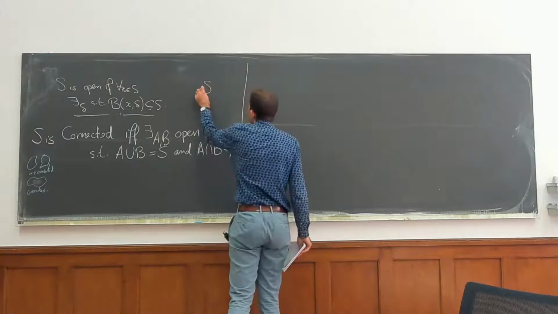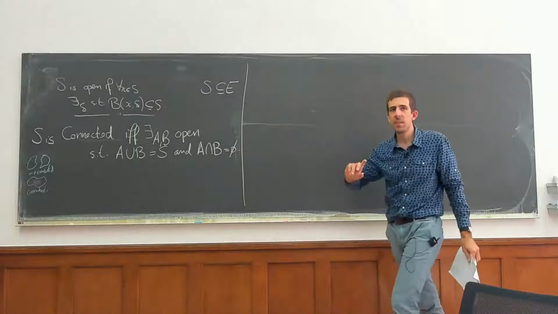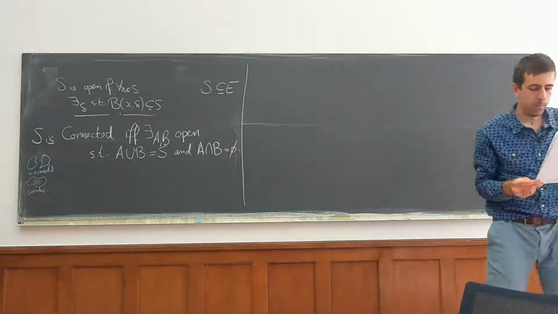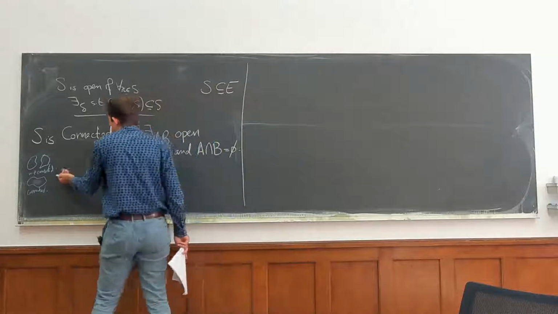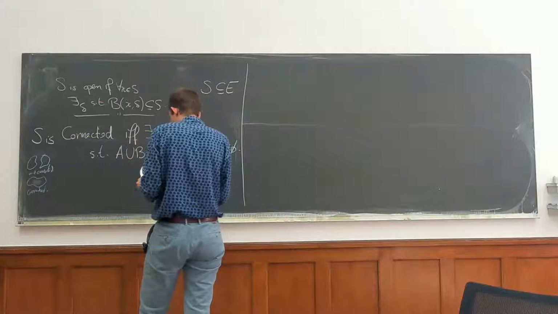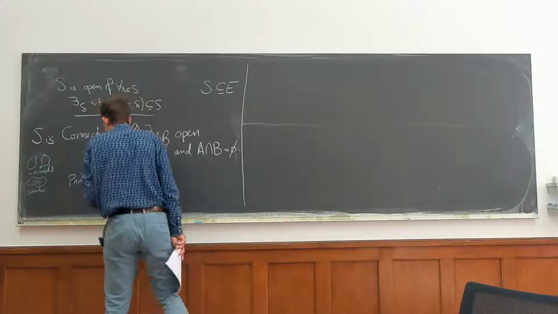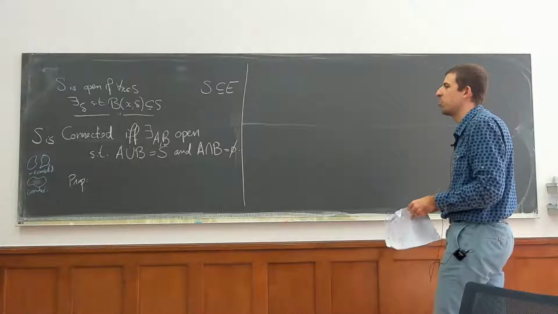If S is inside some set E, then open sets in S are simply open sets in E restricted to S. Okay, so let's prove a simple proposition. Okay, so this feels like a bit of a strange definition, perhaps.